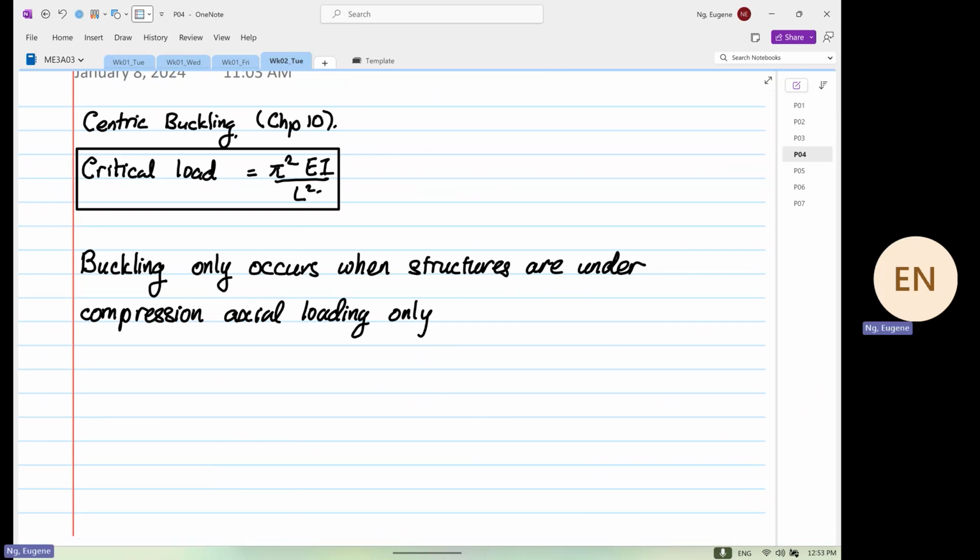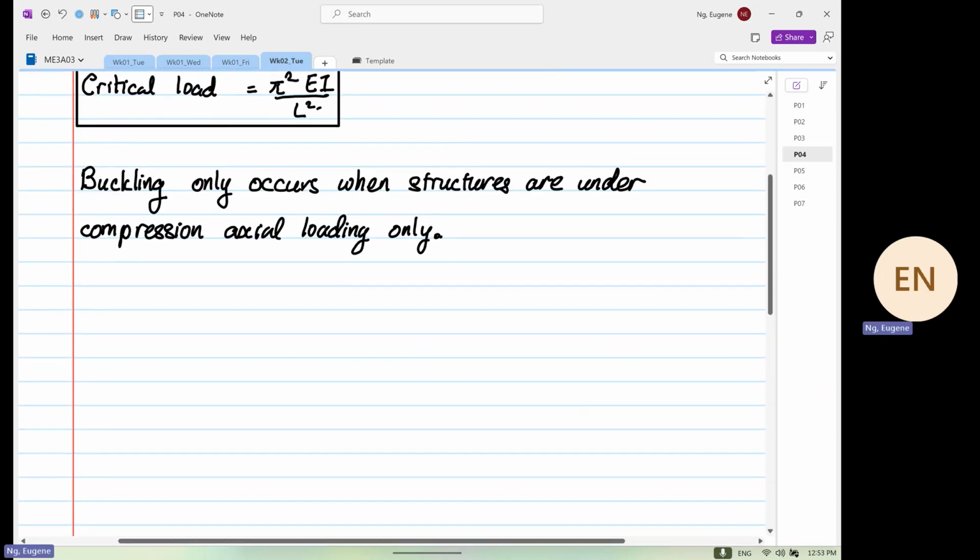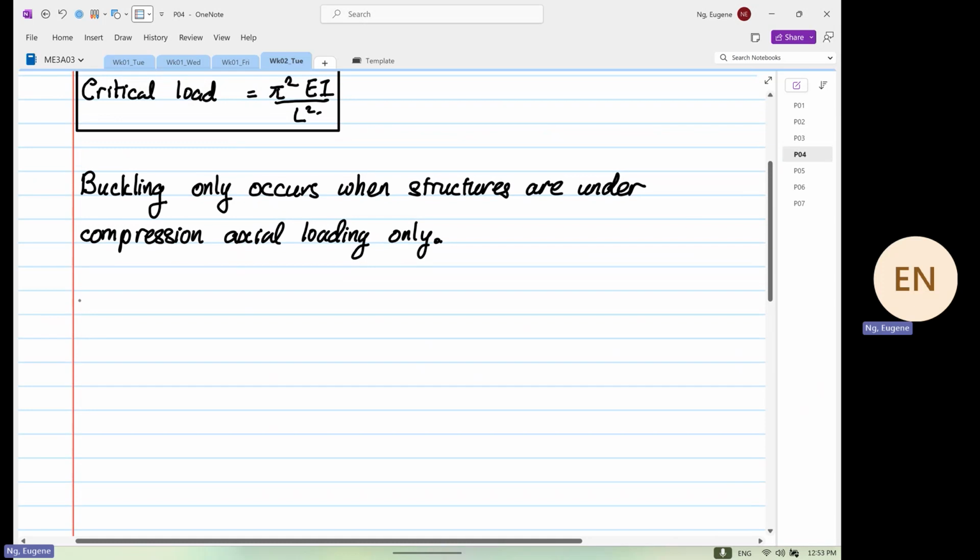Okay, so then that's where you have to focus on buckling analysis. So there are 2 types of buckling.